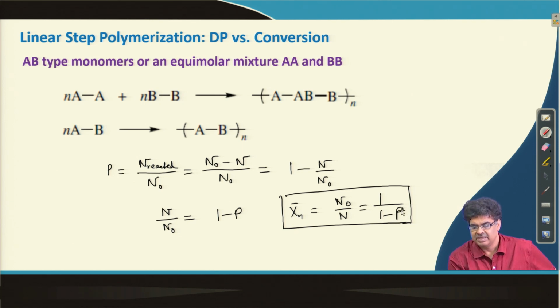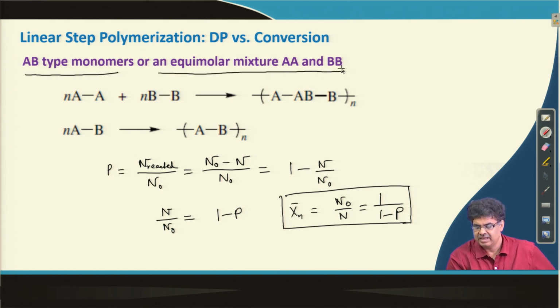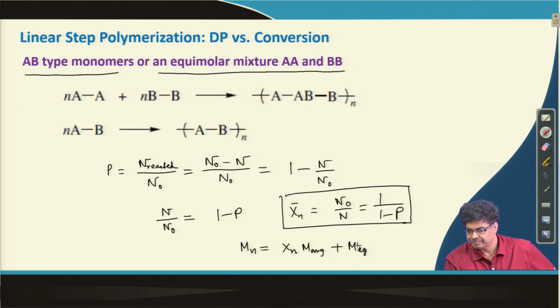Remember, this is applicable for AB type monomer or an equimolar mixture of AA and BB. Once we know the degree of polymerization, then we can also know Mn from M average of the structural units times Xn plus M of the end group, and because sometimes the end group is very low compared to the total molecular weight, it can be ignored.